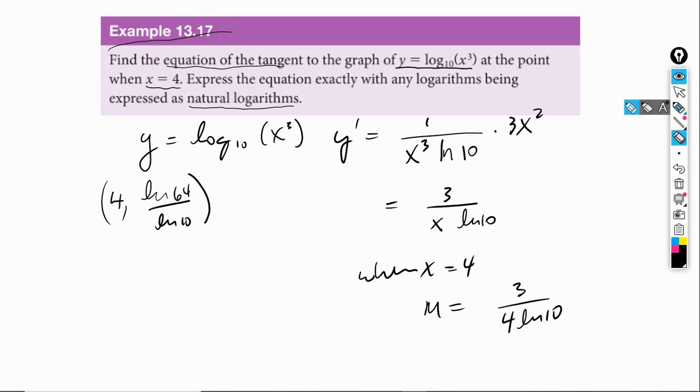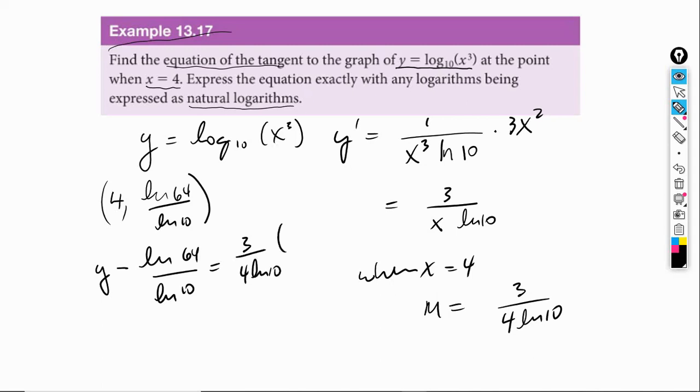So we have y minus natural logarithm of 64 over natural logarithm of 10 is equal to the slope, so 3 over 4 natural logarithm of 10 times x minus 4.